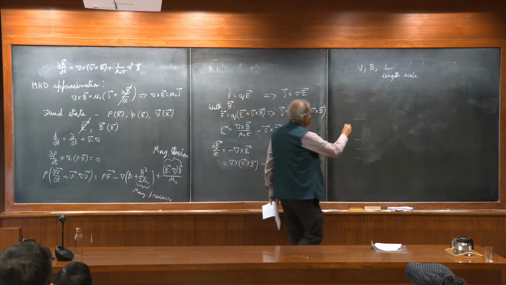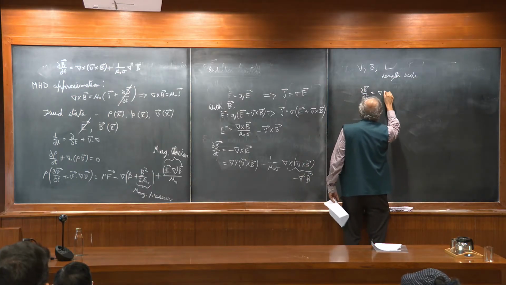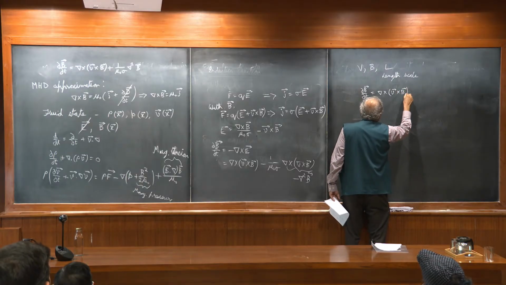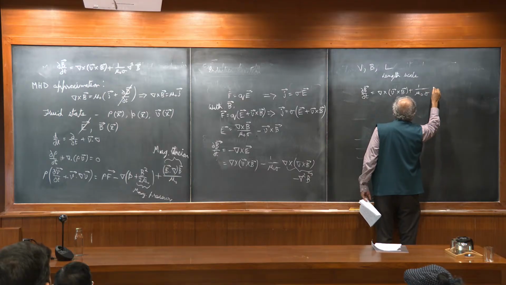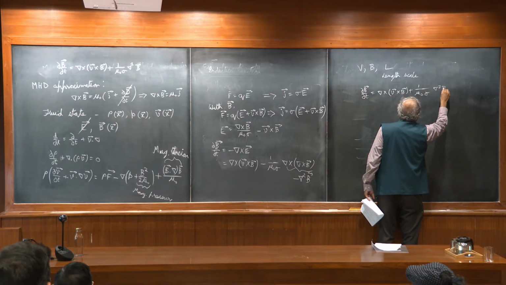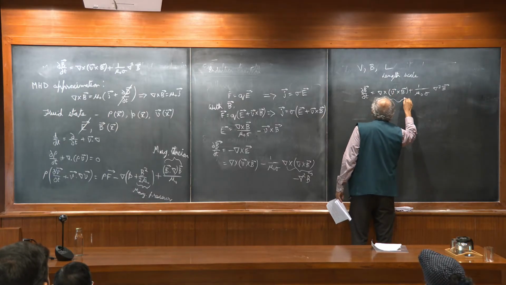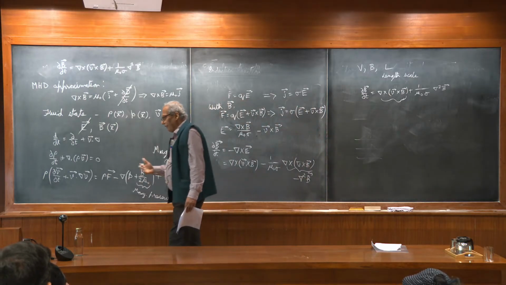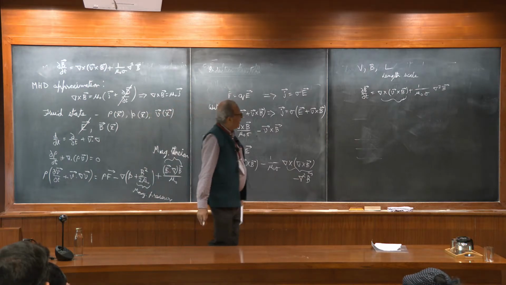So let me write it down again. What will be the order of magnitude of this term? Certainly we have a product of V and B, and then we are taking its spatial derivative. Taking a spatial derivative means that we are dividing by the length scale.